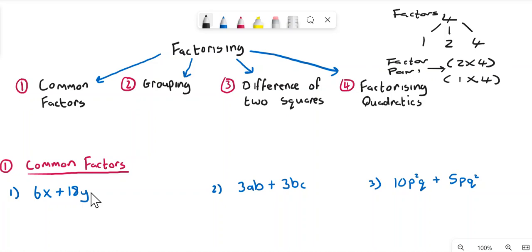So this is factorizing. And there are 4 general ways that you need to know how to factorize algebra expressions within Junior Cert, and that is, we have a common factors method, which is the first method we look at, a grouping method, we have the difference of 2 squares, and then we have factorizing quadratics as well. And we're going to look at each of these in turn.